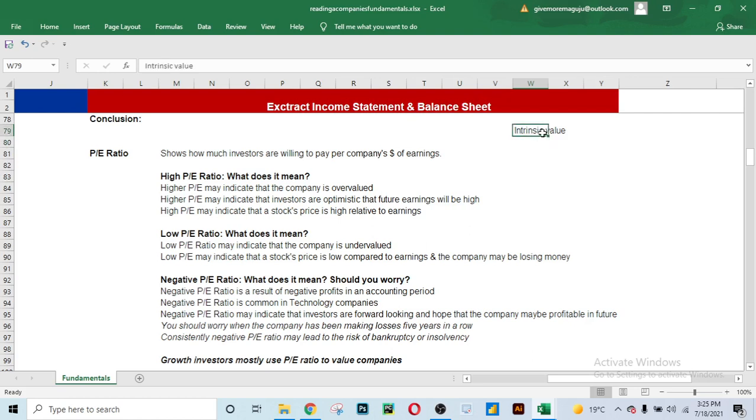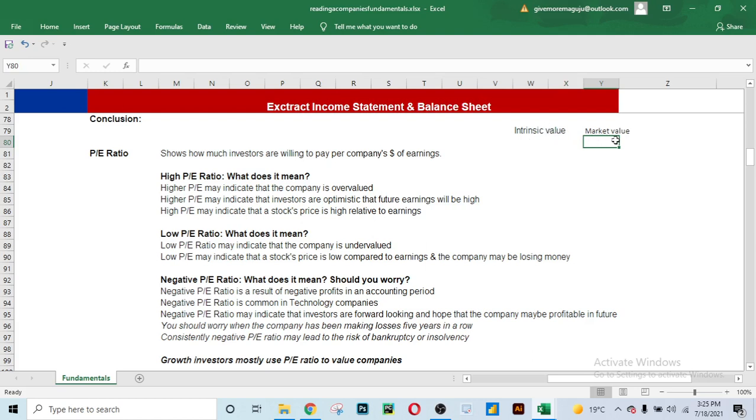But the intrinsic value is the true value of the company's stock. So we have the intrinsic value and the market value, and sometimes the market value is below the intrinsic value, and you need to know this.